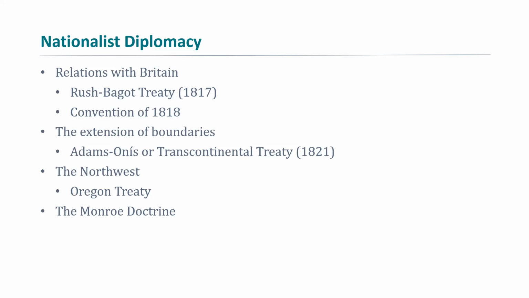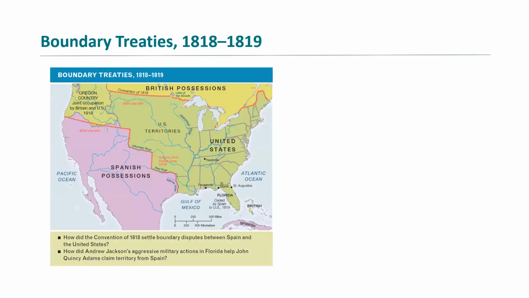And the Convention of 1818 is trying to solve this issue up here, right? This is the 49th parallel, what is or is not American versus British.